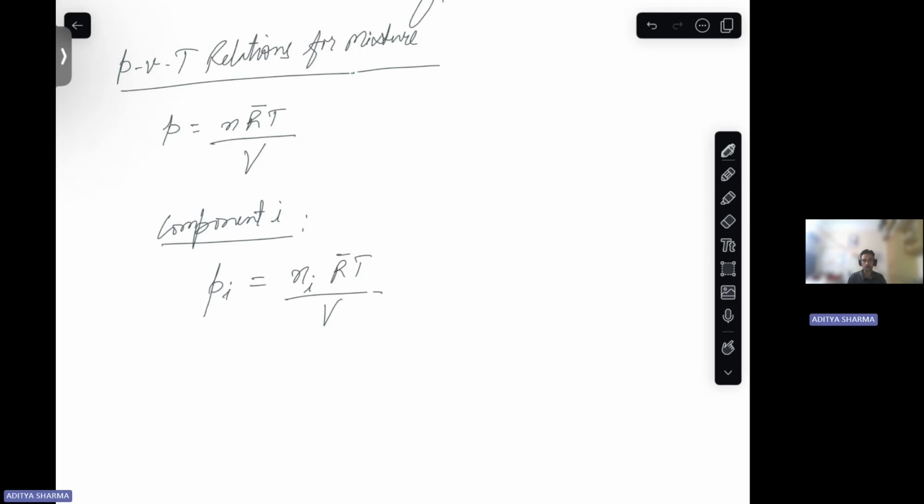The difference from the whole mixture is of the number of moles that a particular component has in a particular mixture. Okay.